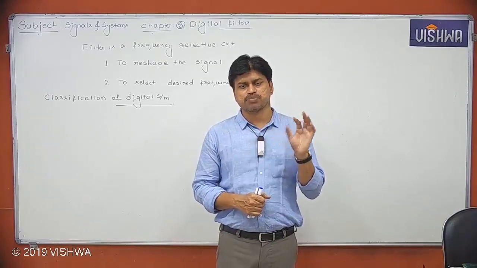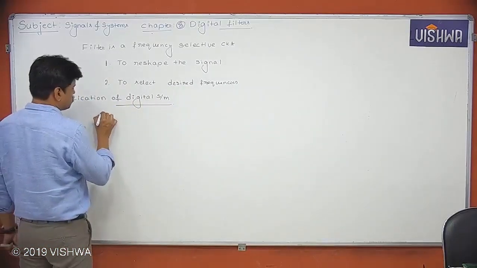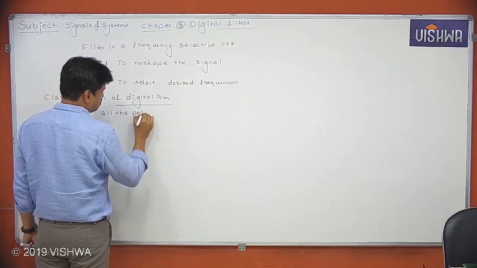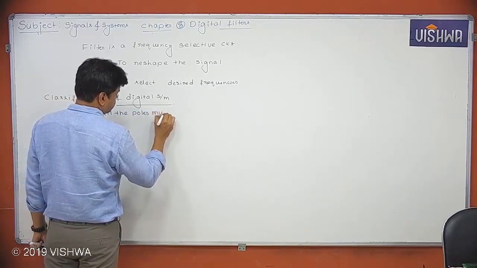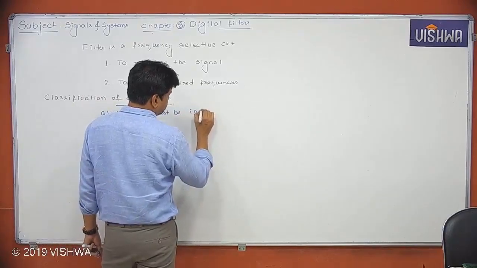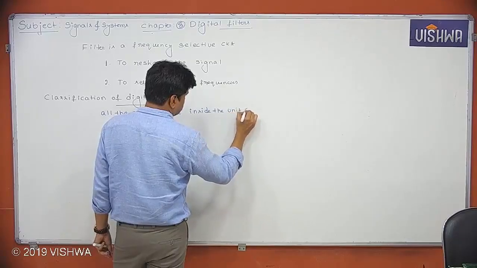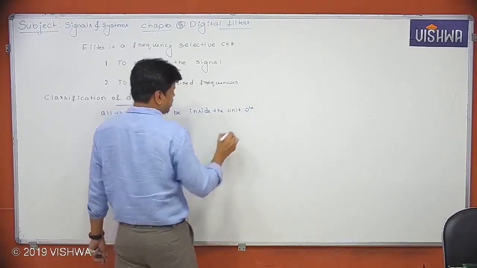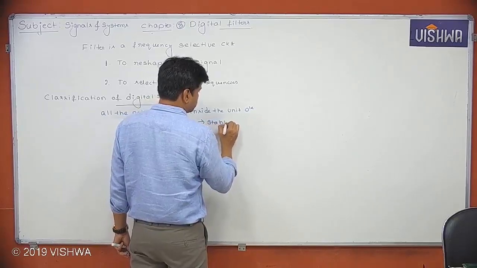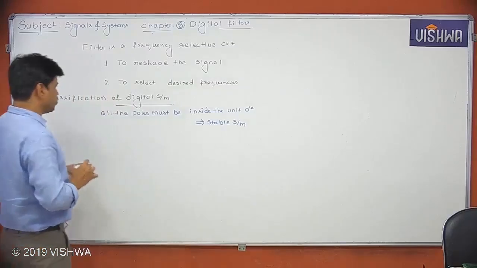So the same thing. First of all, the poles must be inside the unit circle. Inside the unit circle implies a stable system. Next, what we have to see?